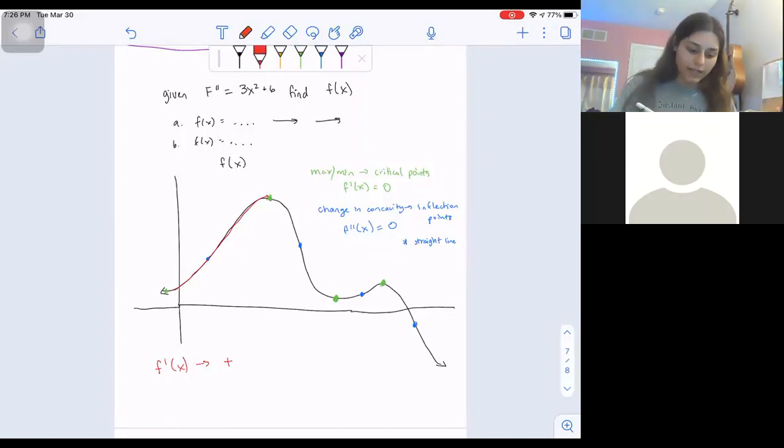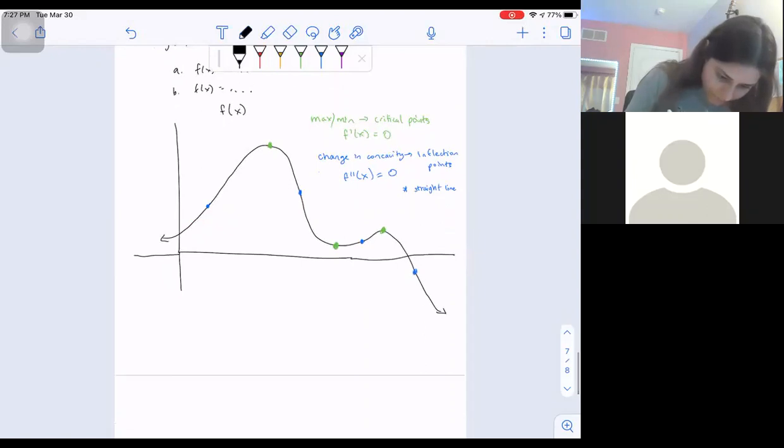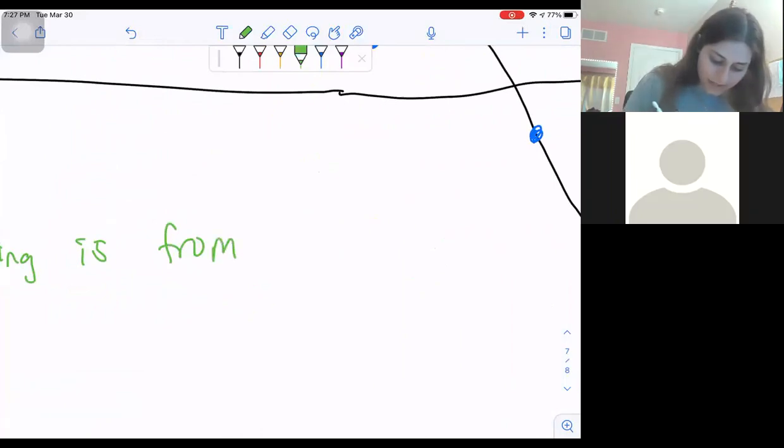And then from the next to next, we'll have decreasing, right? So here we have it increasing, here we have it decreasing. Basically, increasing slash decreasing is from critical point to critical point, from CP to CP.